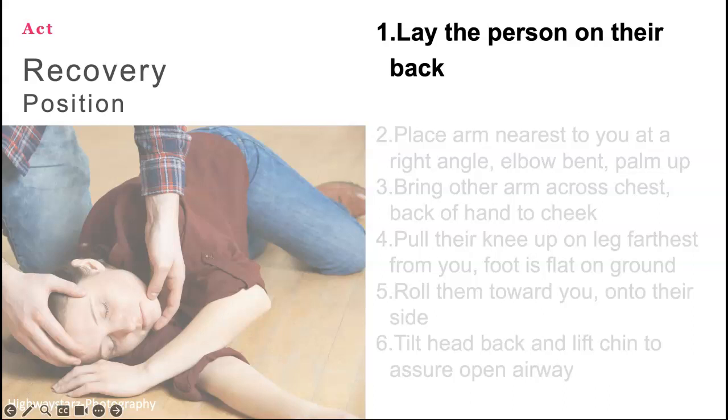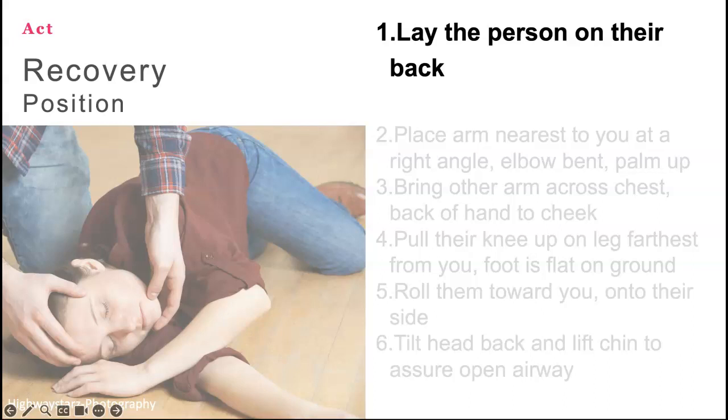What you need to remember is get the person on their side and make sure their airway is open and their mouth is at an angle where if they vomit or have an excess of secretions, we will be using gravity as our friend, and that vomit or secretions will go on the ground instead of in the back of their throat, potentially choking them or causing aspiration, which is where it gets in their lungs, which could potentially cause pneumonia.